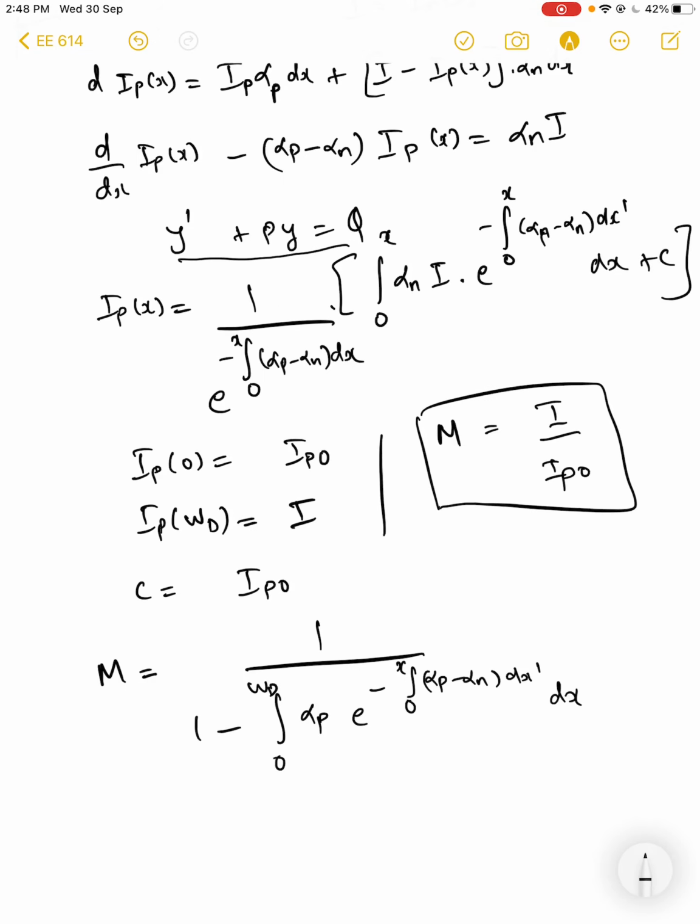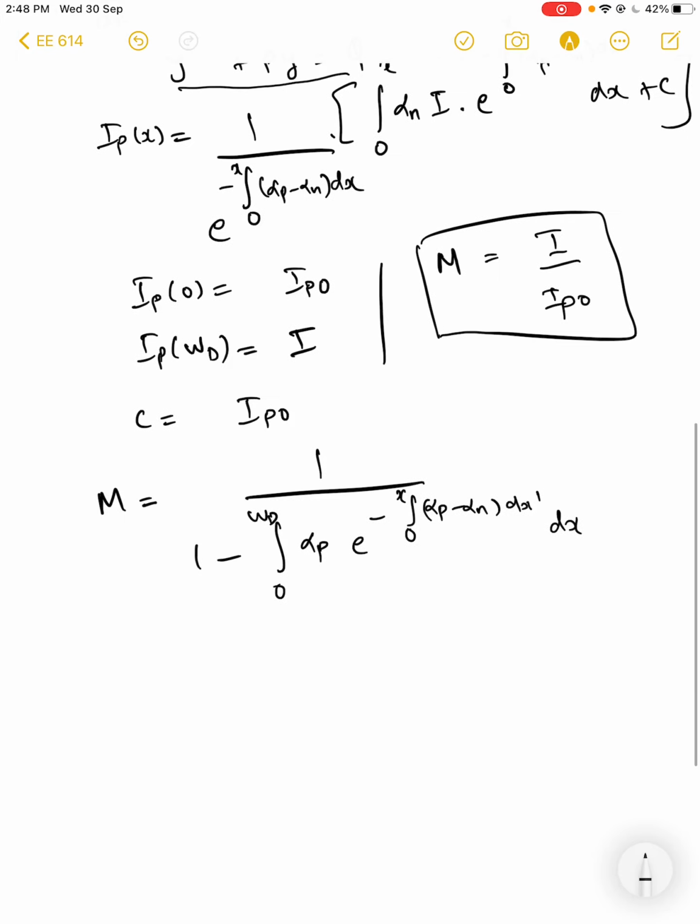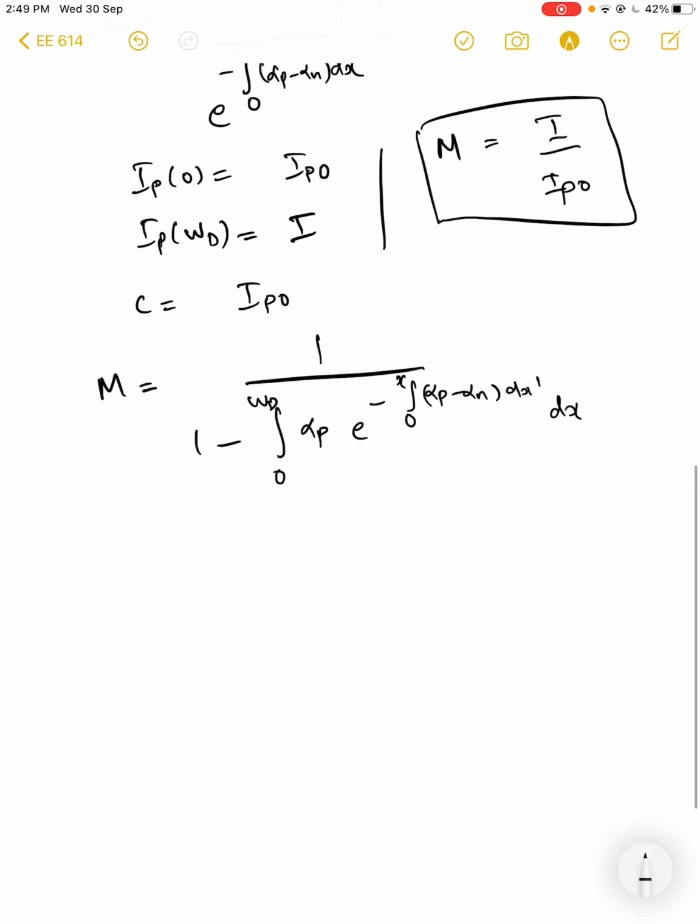So if I substitute this here, the multiplication will turn out to be of this particular form, and we are trying to see at what point this multiplication is a very large number. You can easily see that it will become a very large number if the denominator goes to 0, or goes close to 1, right?